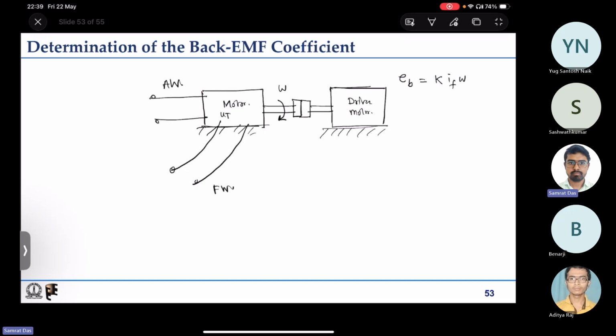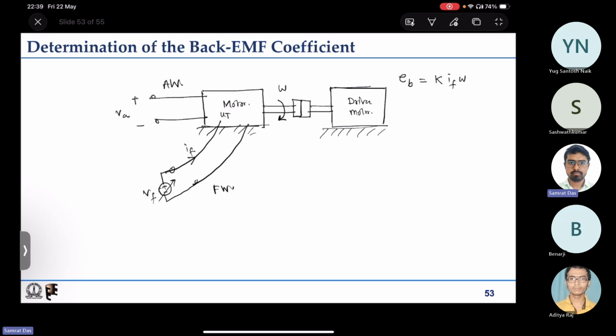We will keep the armature winding open and we will measure the armature winding voltage, right? And we'll be connecting a variable DC voltage source here, say VF, so that we can change the current that we are injecting into the field winding, right?